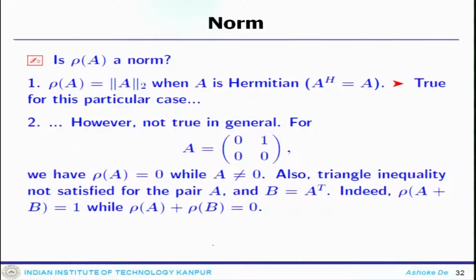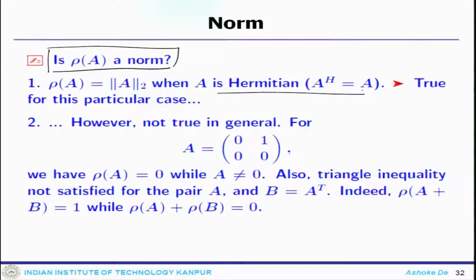Now, the important question this brings up is: is the spectral radius a norm? That is a question. This is possibly true for some particular cases, like the spectral radius of A would be the L2 norm when A is a Hermitian matrix. That is a very special case.